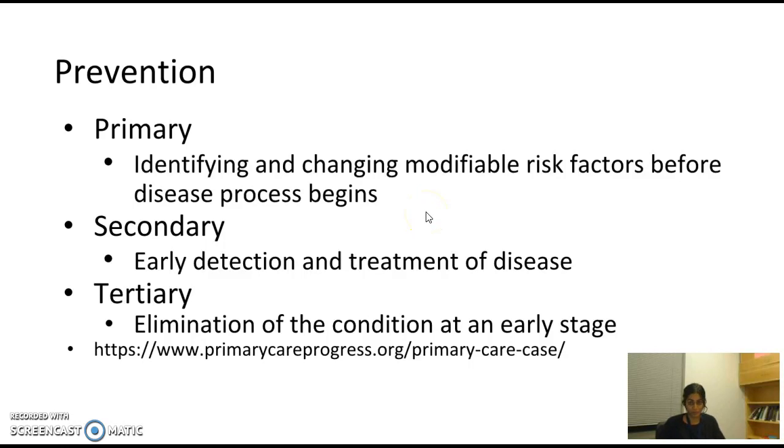And as we spoke about, it might be the available choices, not always the choices people make, but whatever it is, primary prevention means looking at those choices and preventing disease altogether. Secondary is early detection, screening, and treatment of disease. And then tertiary is elimination of the condition at an early stage. So that might be finding a benign tumor and surgically removing it, or something like that.